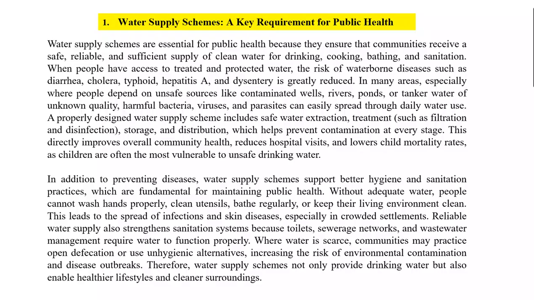Where water is scarce, communities may practice open defecation or use unhygienic alternatives, increasing the risk of environmental contamination and disease outbreaks. Therefore, water supply schemes not only provide drinking water but also enable healthier lifestyles and cleaner surroundings.